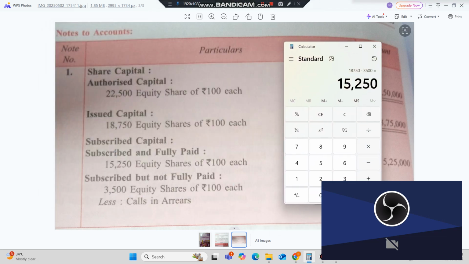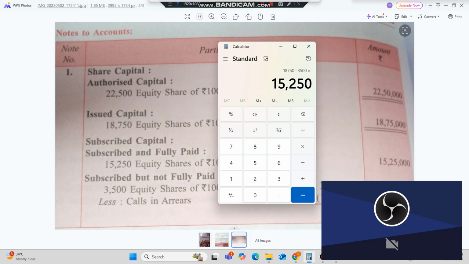So the amount which has been subscribed and fully paid up is 15,250 shares, which we got from deducting 3,500 from 18,750. So we are getting 15,250 shares of face value 100 rupees, which is 15,25,000.